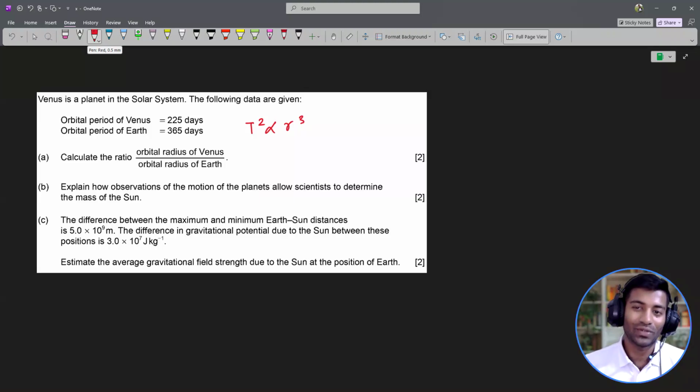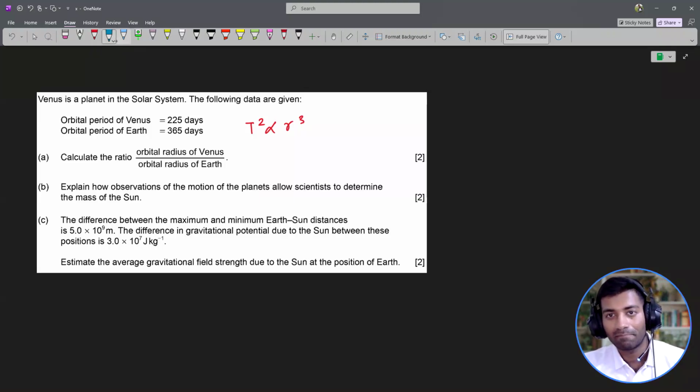This means I can compare the time periods of Venus and Earth and relate it to the orbital radii of Venus and Earth. So Tv squared over Te squared, the time period of Venus over the time period of Earth, equals rv cubed over re cubed. Remember that we are looking for rv over re, not the cube.